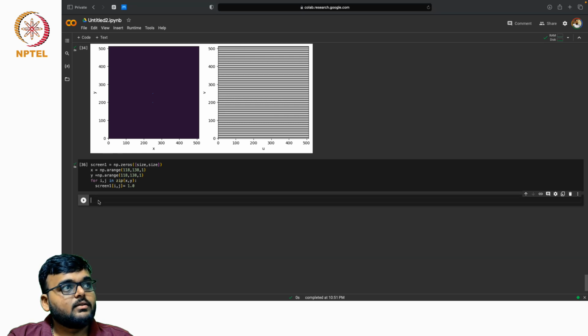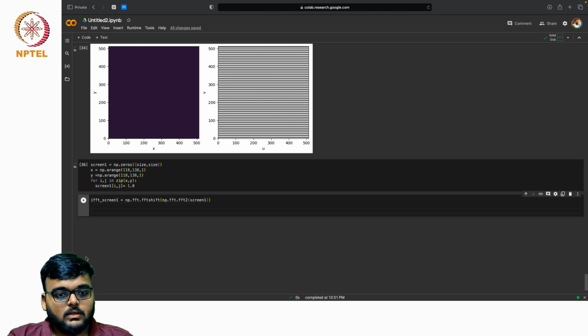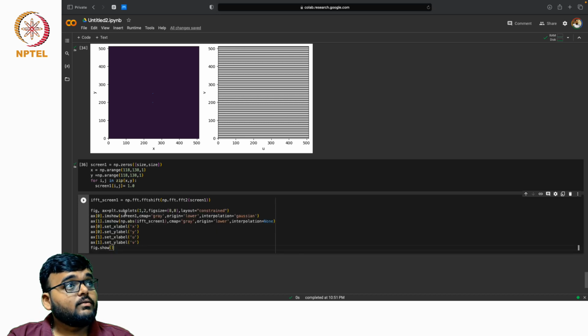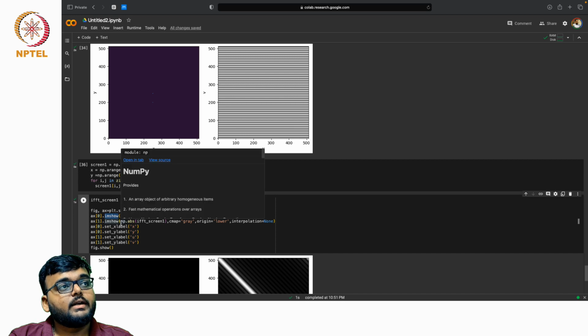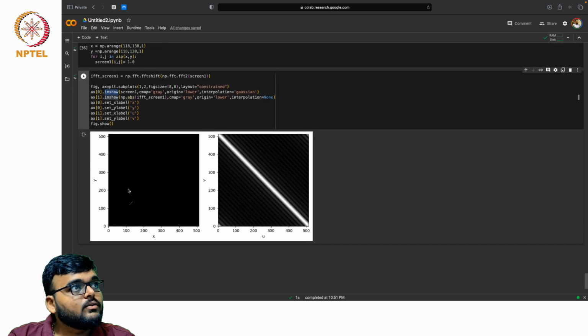Let's do an FFT over here, and after that let's write our plot routine. One thing which I missed here: we are creating 2 subplots, and we are using imshow. This is a type of plotting where you plot as an image. Here you can see there is a thin wire, because of which we are getting this kind of diffraction pattern.